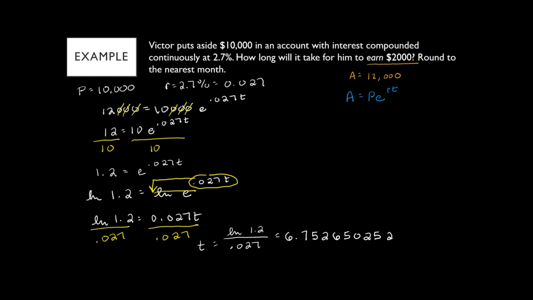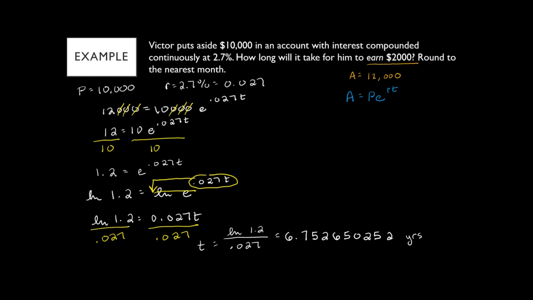And it says to round to the nearest month. So what we have here is years. So our compound interest formulas are always giving you time in years. So this is about 6.75 years. But we want to round to the nearest month.